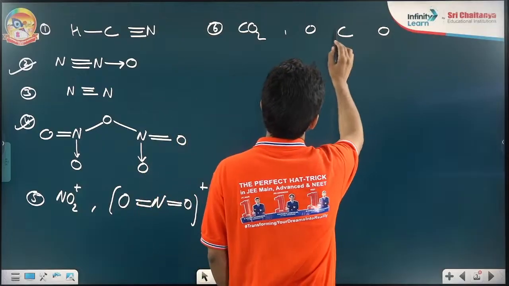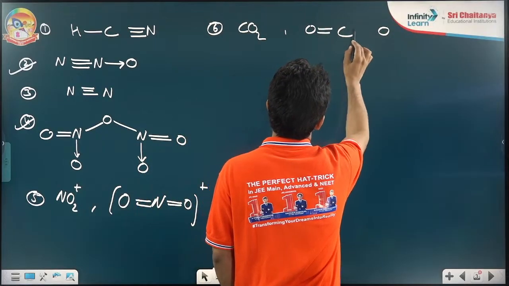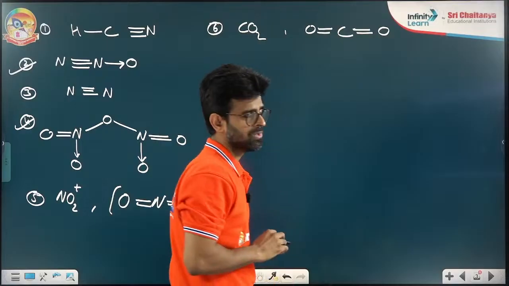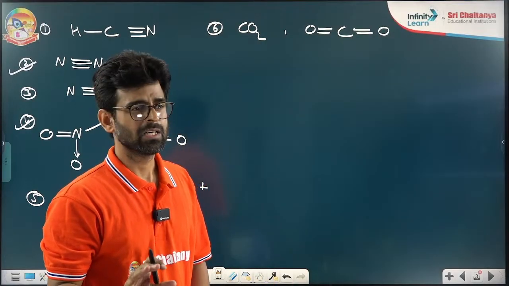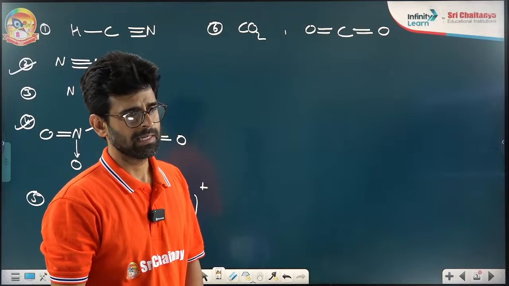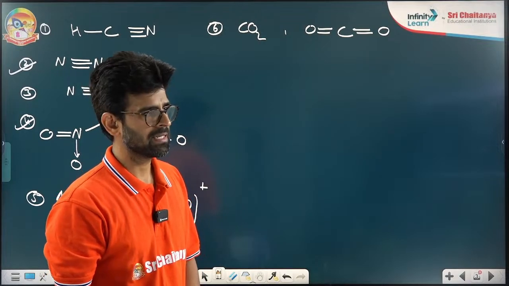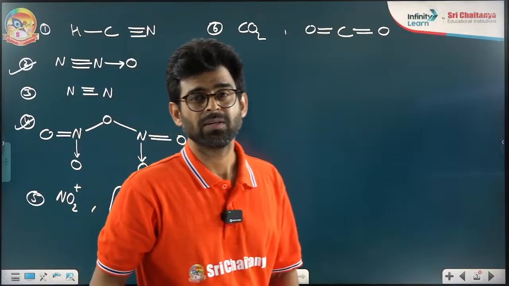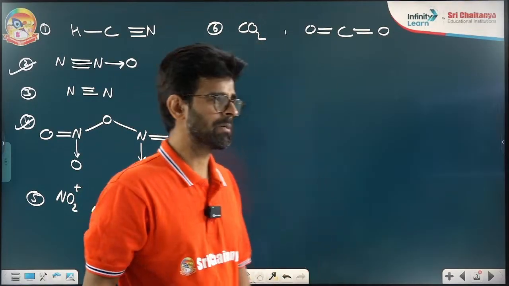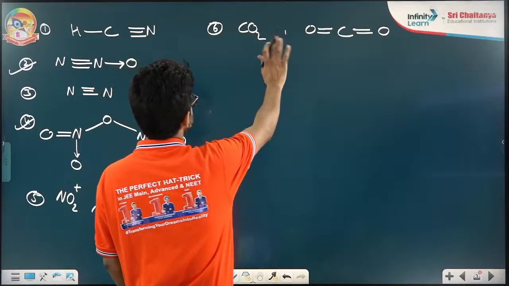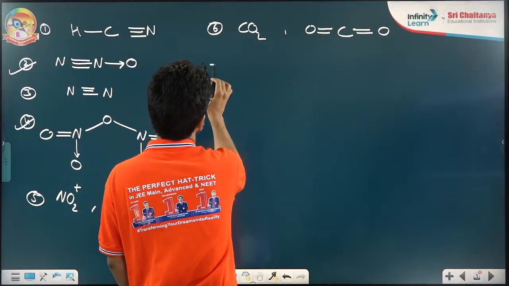Oxygen makes a double bond, oxygen makes a double bond. So tell me now, is there any coordinate bond? No. None of the points is telling me it has a coordinate bond. Both oxygens have 2 bonds, nothing special here. So definitely it does not have any coordinate bond.